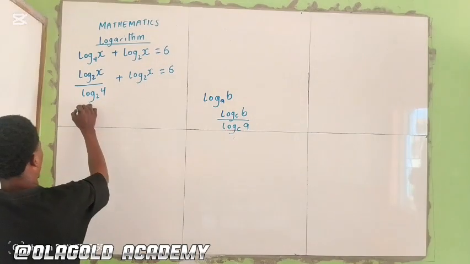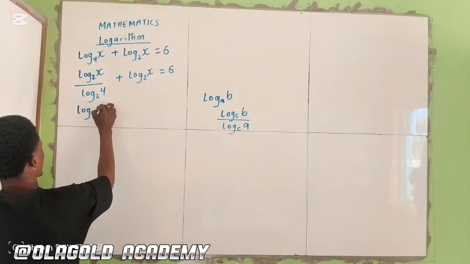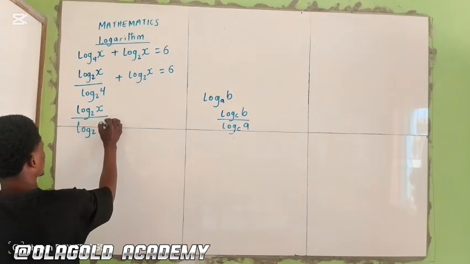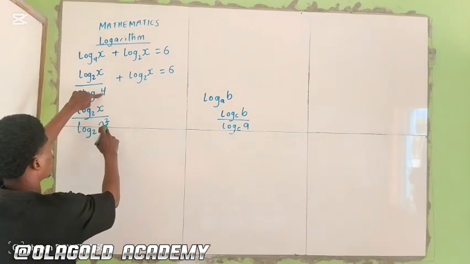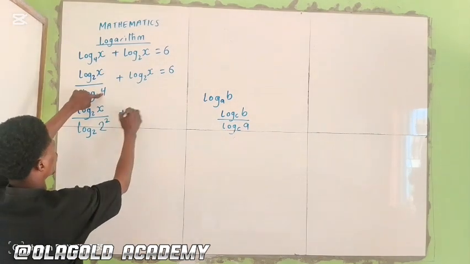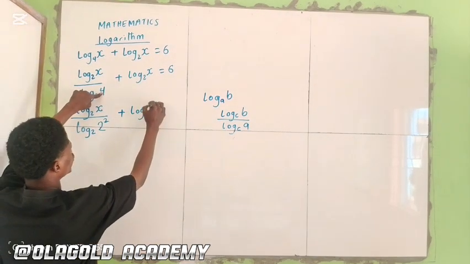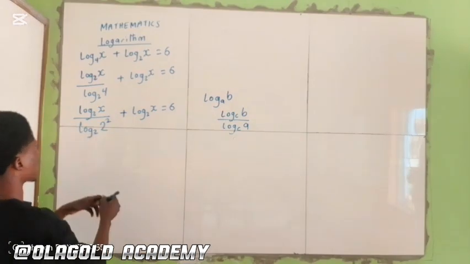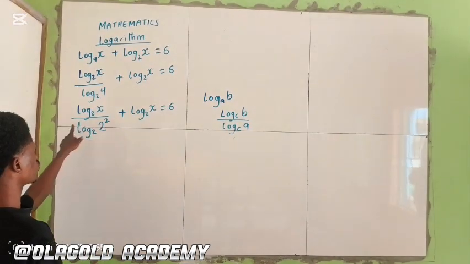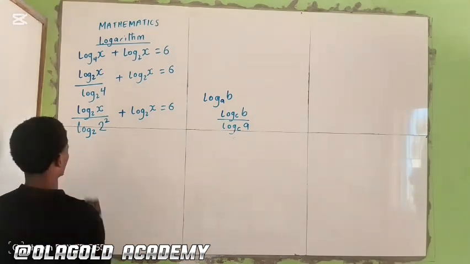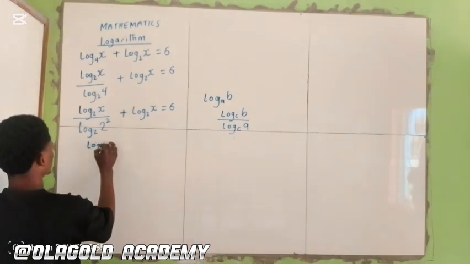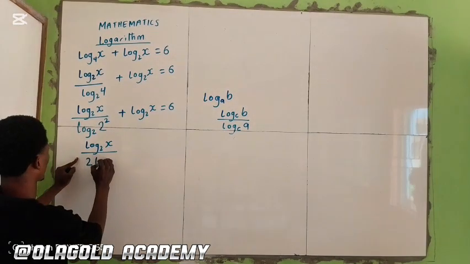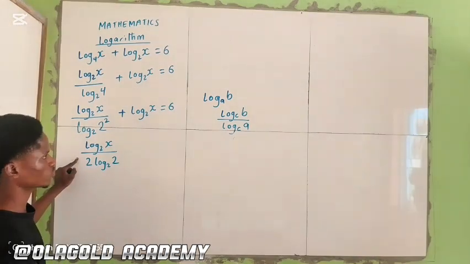From here, I will have log 2 of x over log 2 of 2 raised to the power of 2. I will write 4 as 2 to the power of 2. My next task is to bring this 2 to the front here. So we are going to have log 2 of x over 2 log 2 of 2.